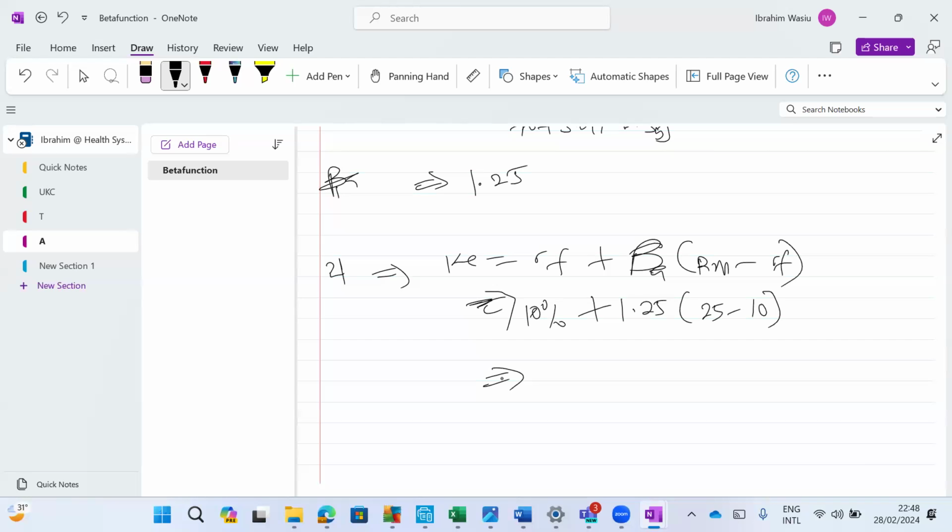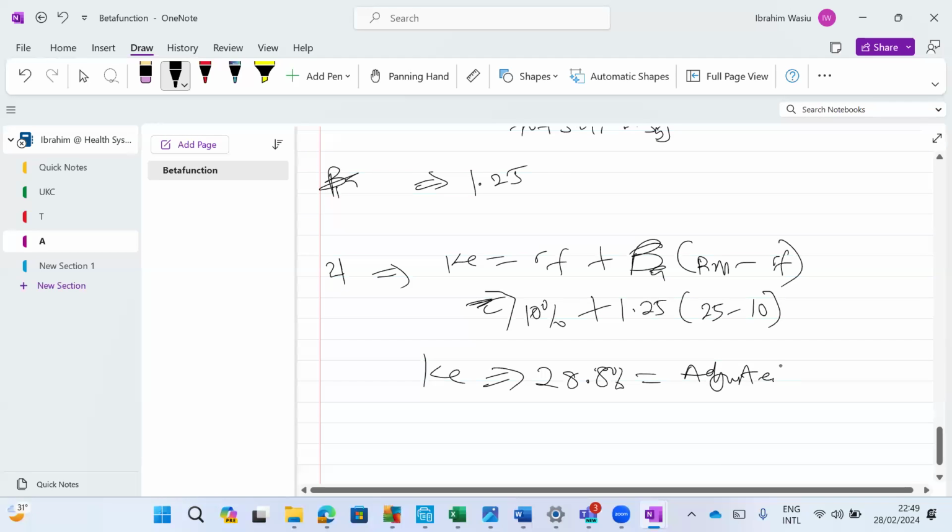What's our cost of equity? 28.75%. This is our adjusted cost of equity.